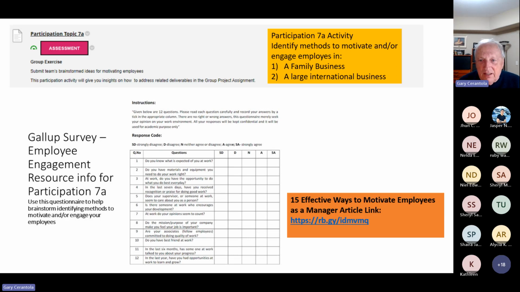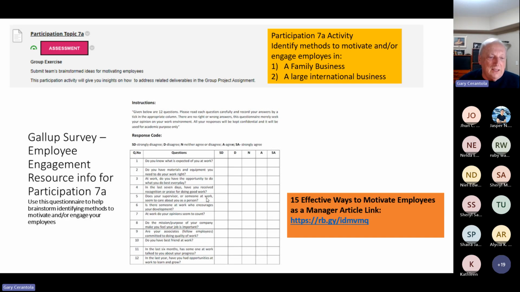Now you'll see right here, I put in this piece. This is just for information. You're not to answer the questions on this. Just take a look at the questions to give you some idea of how to motivate people, just by the nature of the questions. Does your supervisor or someone at work seem to care about you as a person?